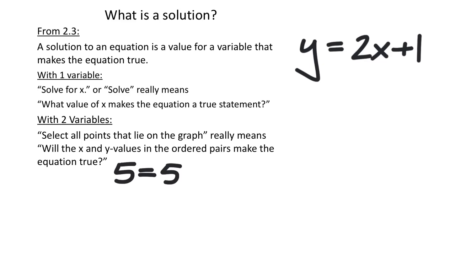And in fact, if we were to manipulate this and say, well, 5 could be represented as 2 times 2 plus 1, right? 2 times 2 plus 1 is 5. And this would still be a true equation, right?